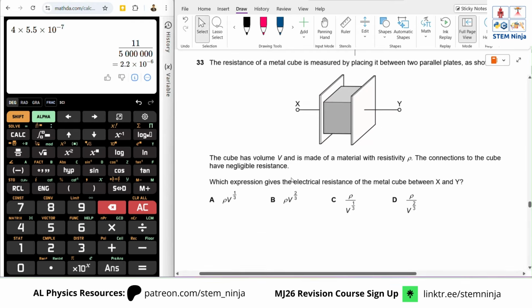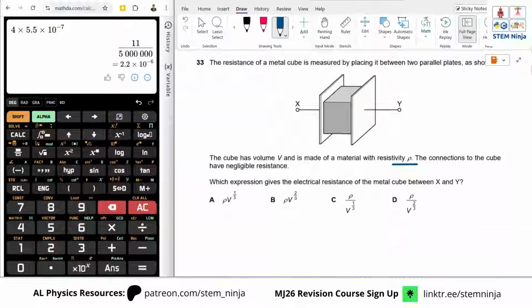Okay, so the resistance of a metal cube is measured by placing it between two parallel plates as shown. The cube has a volume V and is made of material with resistivity rho. The connections to the cube have negligible internal resistance. Which expression gives the electrical resistance of the metal cube between X and Y? So this is a metal cube, so we need to find out the cross-sectional area.